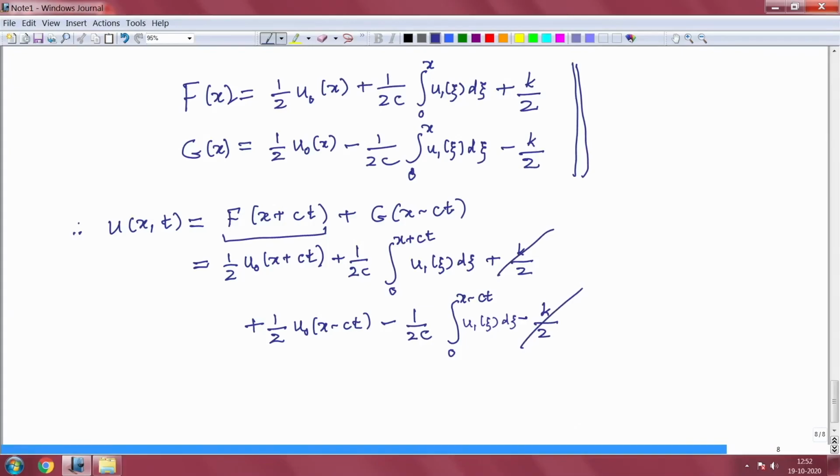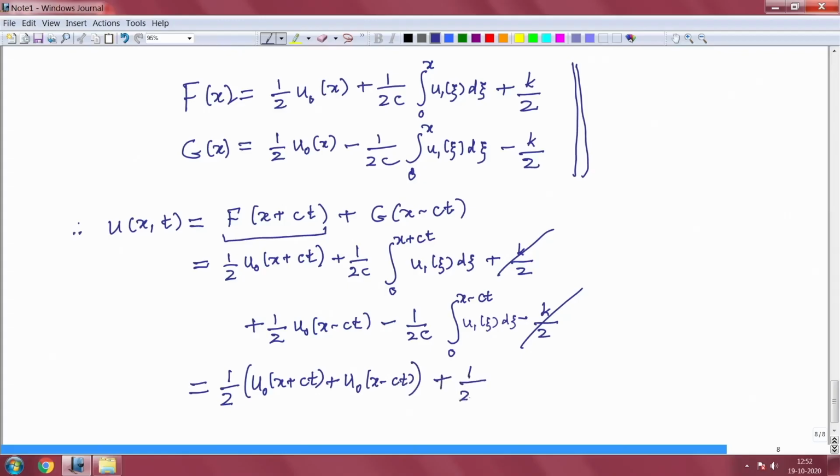That will just vanish, and so we will simplify this: half of u_0(x plus ct) plus u_0(x minus ct), combining these two terms and combining the integral.